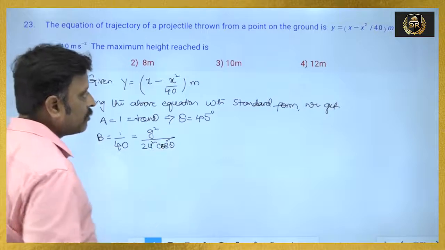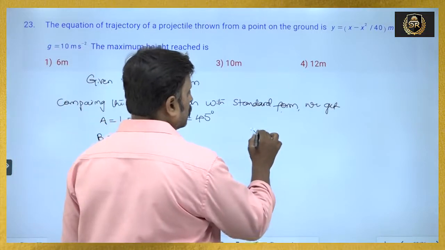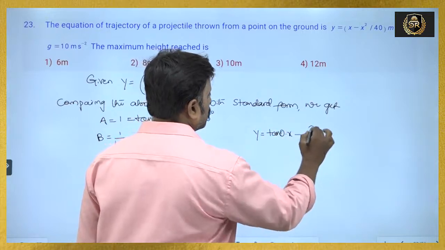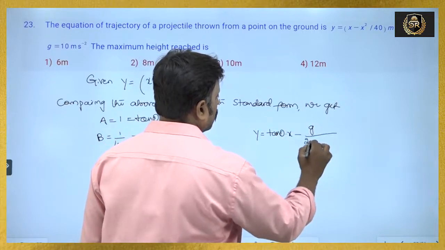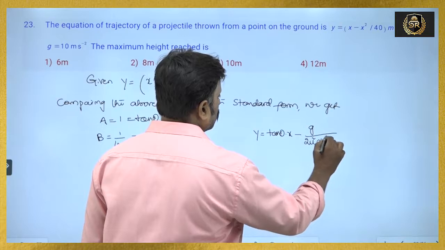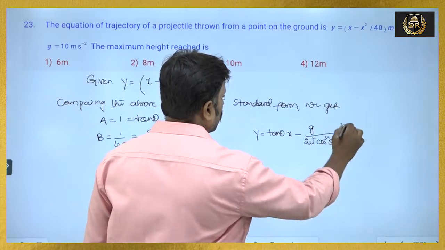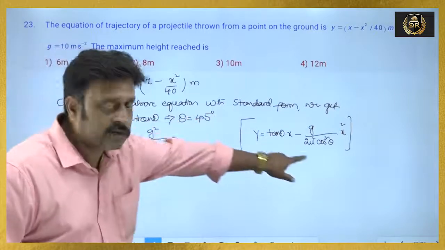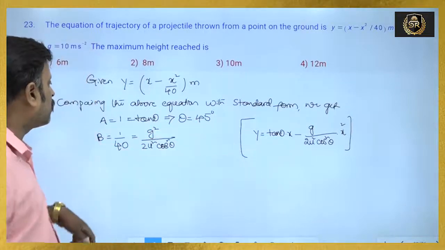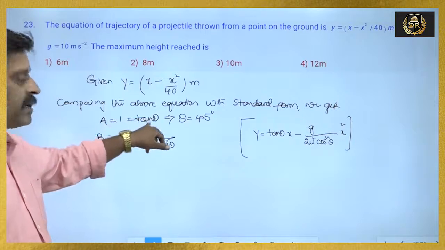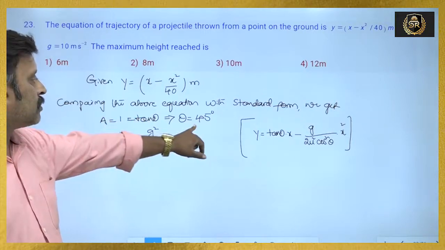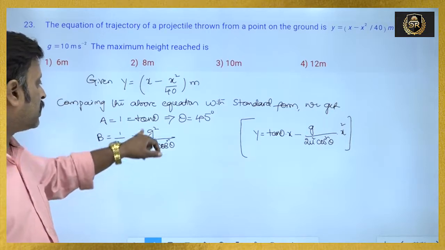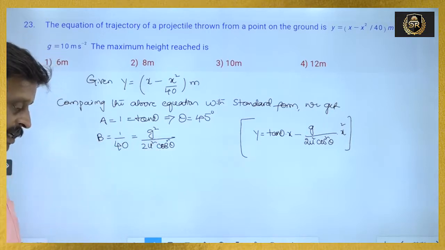What is the standard form? Do you remember? y is equal to tan theta into x minus g by 2u square cos square theta into x square. This is the standard form. If you compare this equation with the standard form, we get the value of A as tan theta, which is 1. Due to that reason, I have taken theta as 45 degrees. B is 1 by 40, equal to g by 2u square cos square theta.